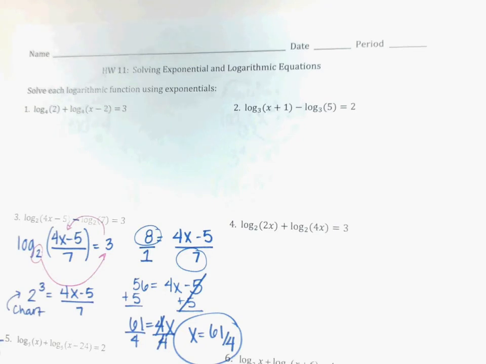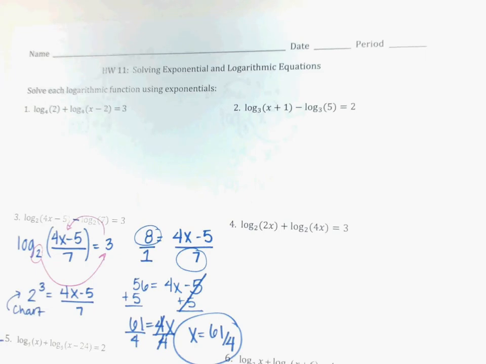And then from there, you just do your loop. So you'd have 4 up to the 3. Bring it back around equals 2x minus 4. And then on your chart, 4 to the 3 is 64. And then from there, you just kind of like keep solving.